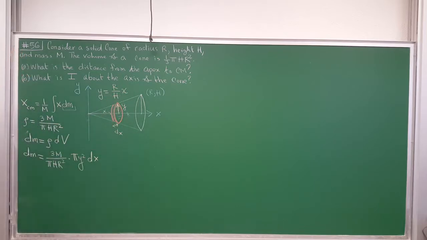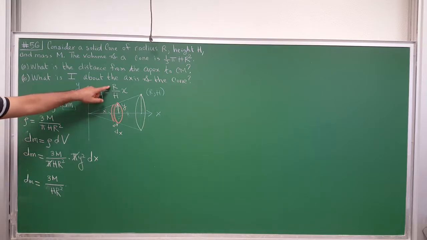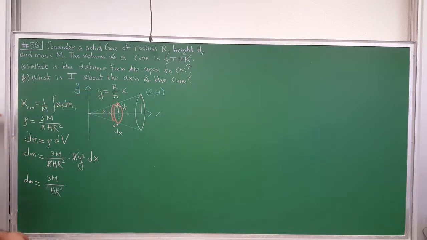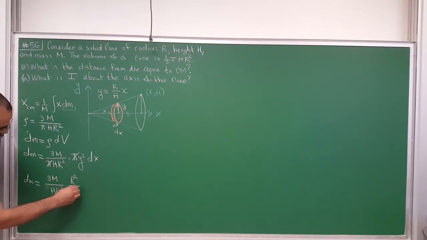And this is x. So dm will be 3M divided by pi h r squared times, there's no need to write this pi here, because the two pi cancel. Now, what is y squared? Well, y is r over h times x. When you square it, you get r squared over h squared, and x squared, and a dx.